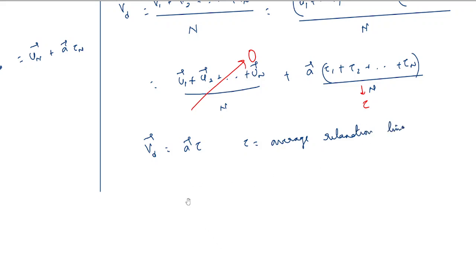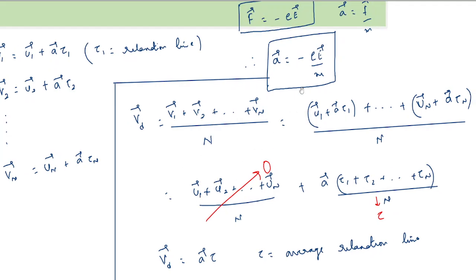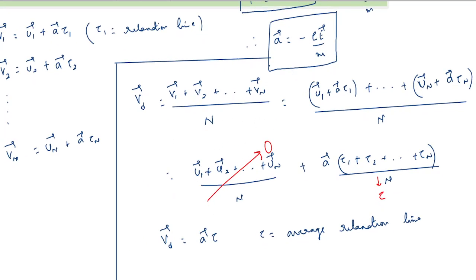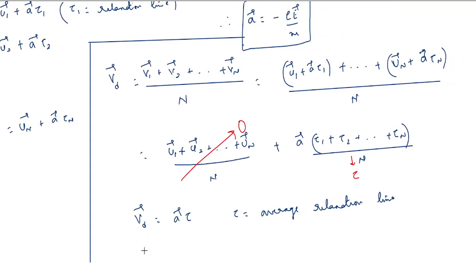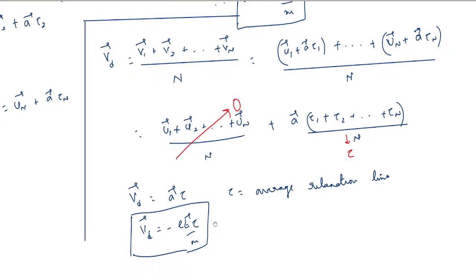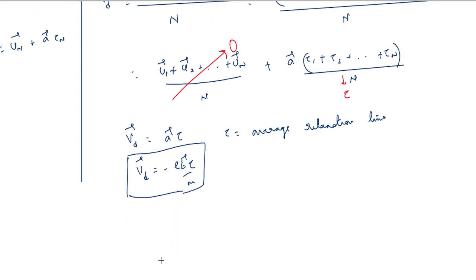But we know the value of a: a is equal to minus e E by m. Putting it back here, we get vd equal to minus e E tau by m. So this is the expression for drift velocity.